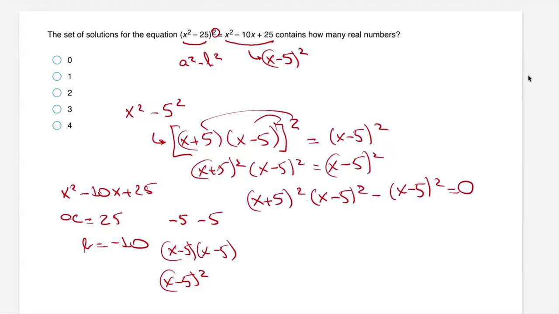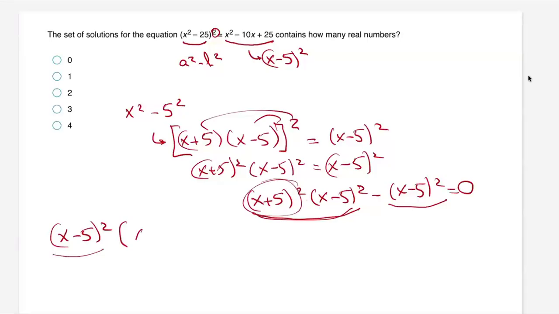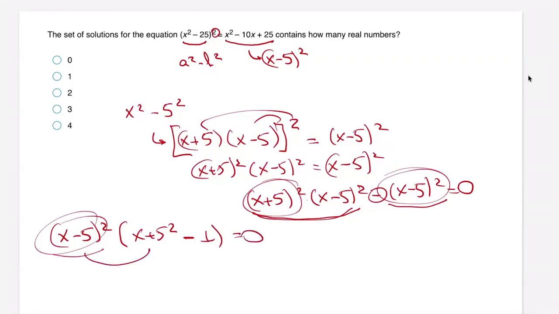Okay? I have x minus 5 squared in both terms. I will put it in evidence. Times this divided by this is this, minus this divided by this is 1. If this times this is 0, either this is 0 or this is 0.